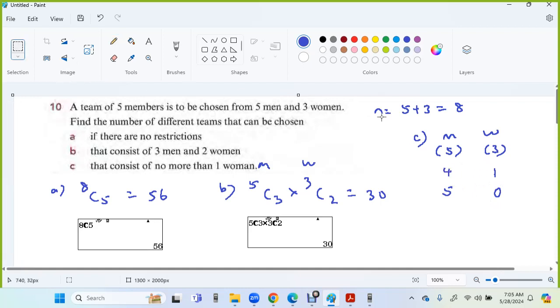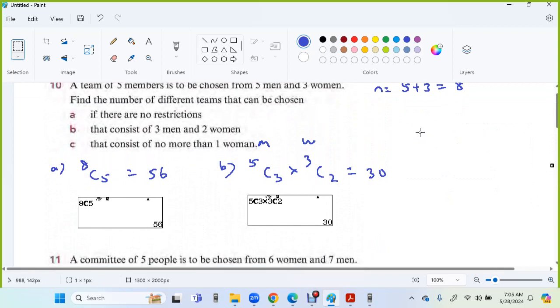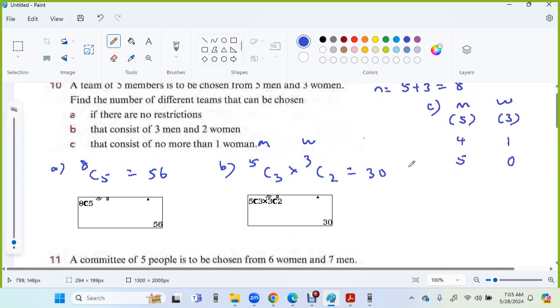So we have 2 cases here. For these 2 cases, it is 5C4 times 3C1 plus 5C5 times 3C0.